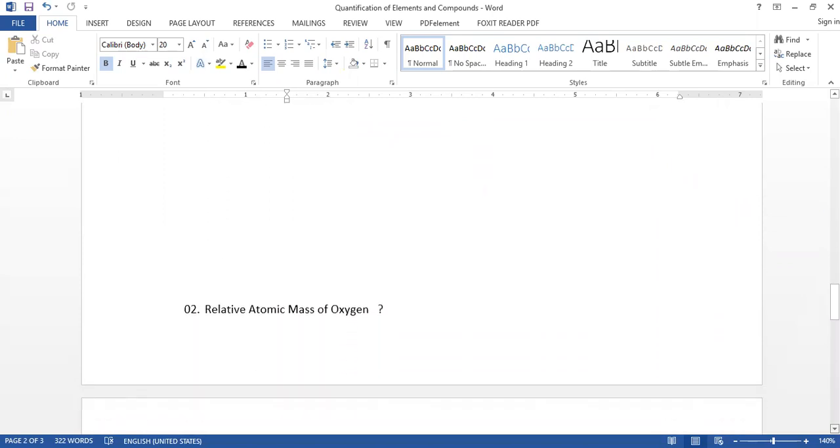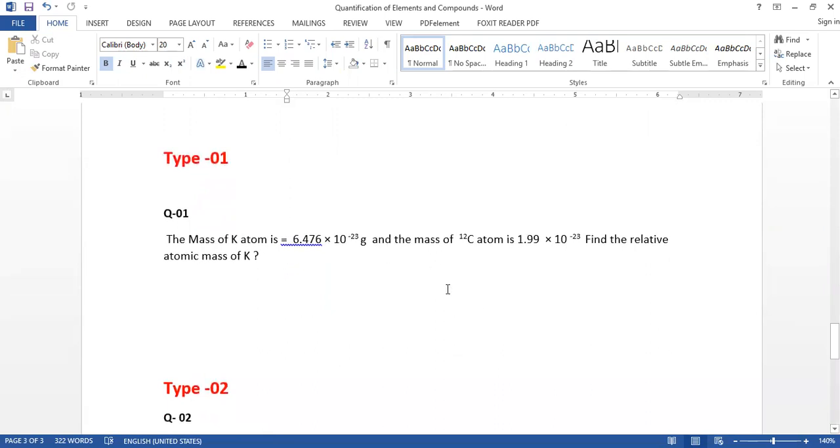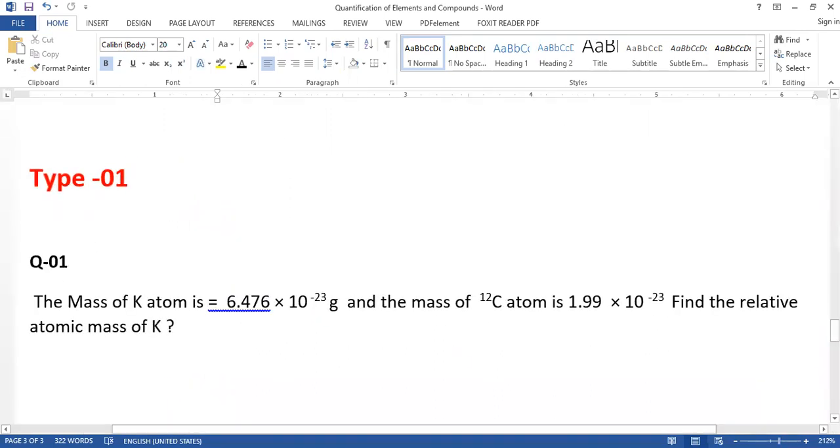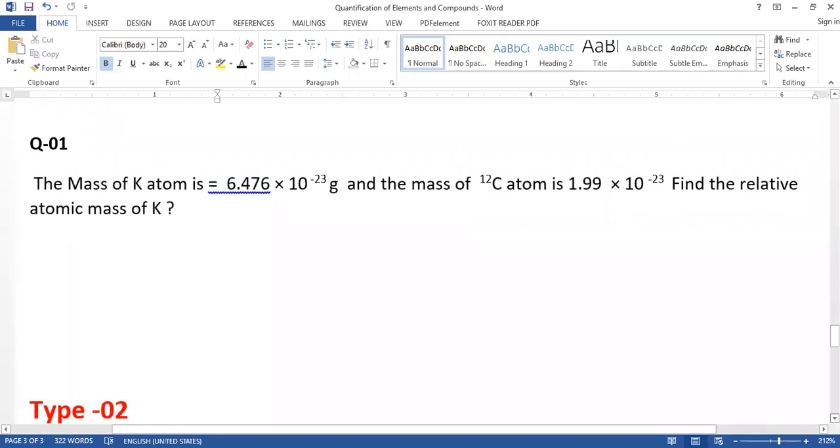Let's do one question here. Can you write the correct equation for this one? A mass of potassium atom is how much? Tell me. Wait.